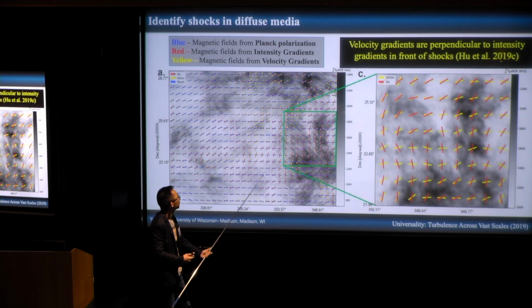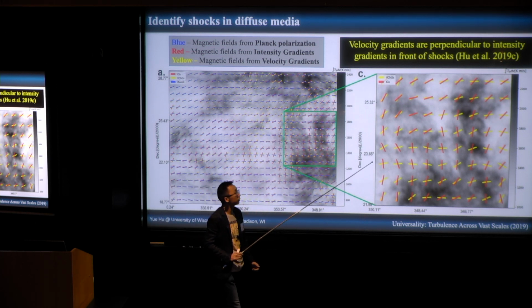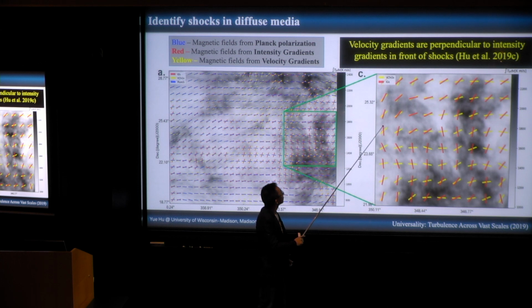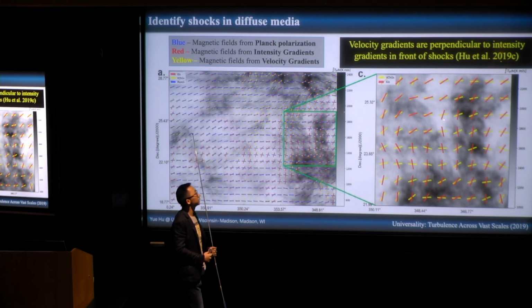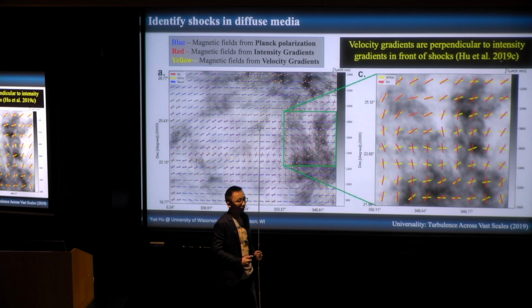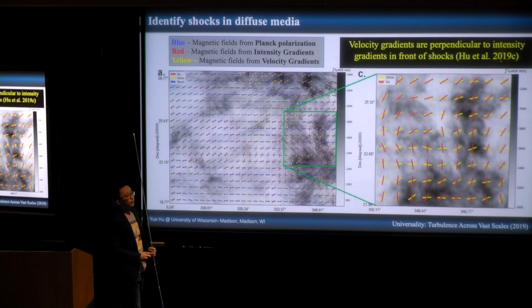Of course, here I rotated both the intensity gradients and the velocity gradients by 90 degrees. The red vector is the intensity gradients, and the yellow vector is the velocity gradients. We can see that the velocity gradients are perpendicular to the intensity gradients. So that provides a new way to identify shocks in the interstellar medium.